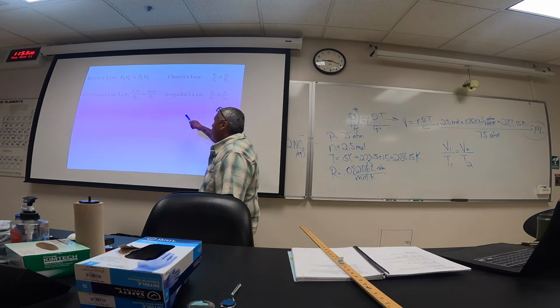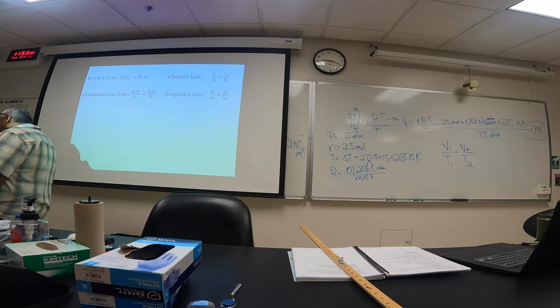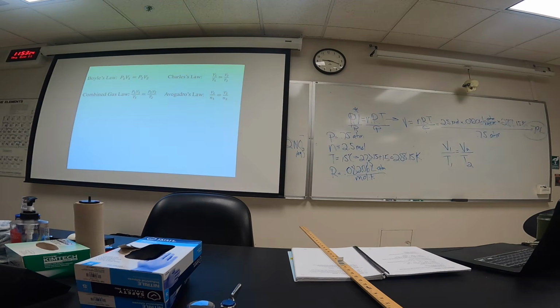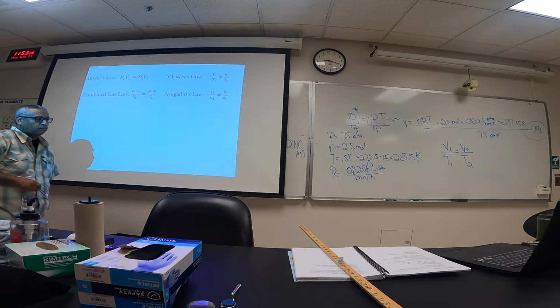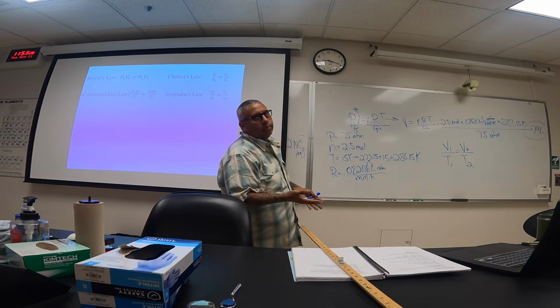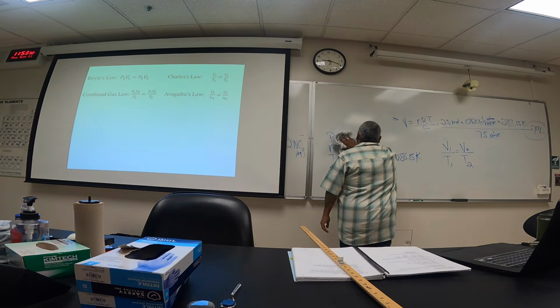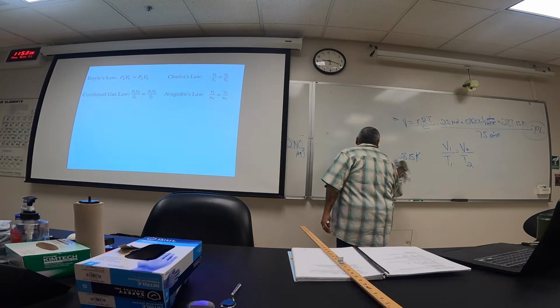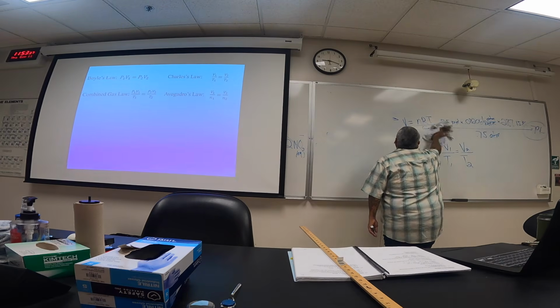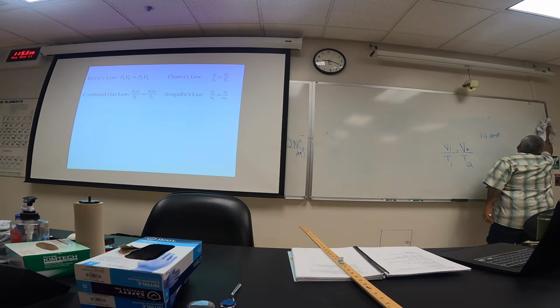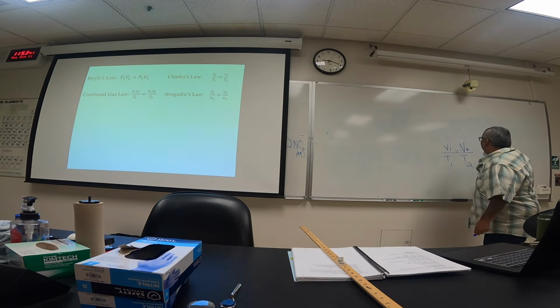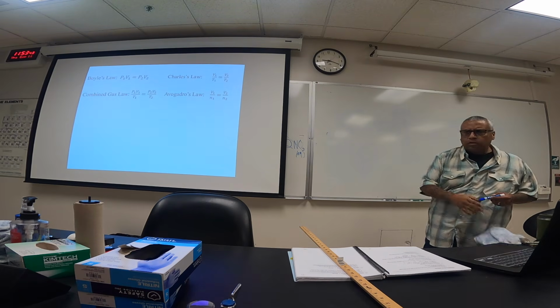The last one we have is the combined gas law. You can do one of two things. You can memorize all four of them, or you can just memorize one. To me, it doesn't really matter which one you do, but I will show you how to use just the one.